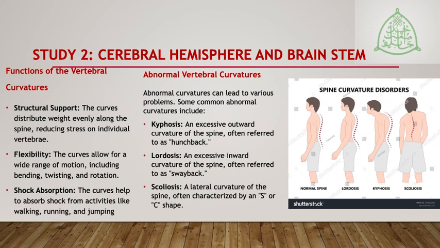We tend to have abnormality in these curvatures, where the hypercurvature of the lumbar area is called lordosis, while an exaggerated thoracic curvature is called kyphosis. And then when you are abnormally curved away from the midline, we call it scoliosis.